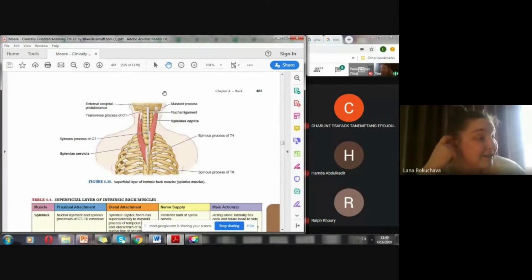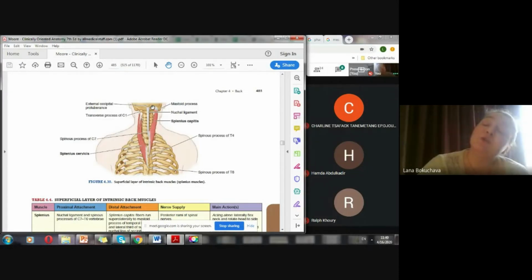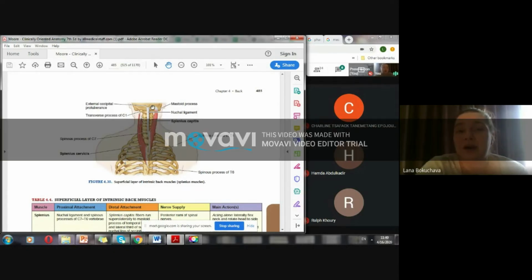Mainly here we have the attachment, as well as part of the occipital bone. Here, as you can see, mainly the lateral one third of the occipital bone also provides the attachment to the splenius capitis. And the name splenius capitis, because capitis literally designates the attachment to the head, is very logical.